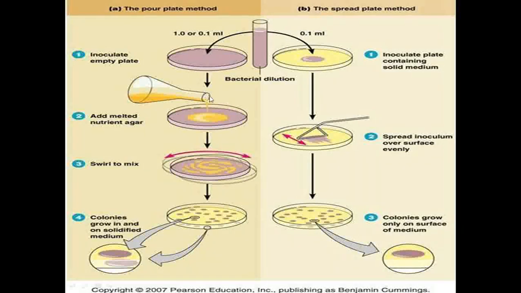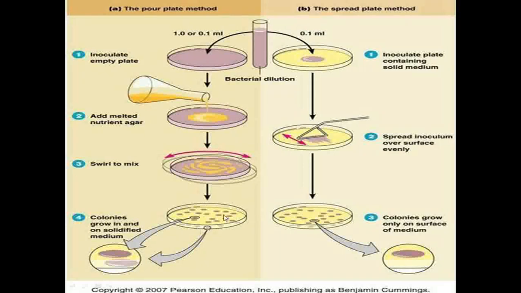Culture broth will be added directly into the melted medium and poured. Here spreading is done with the help of a rod. There, spreading is done by swirling to mix it. Here I'll be evenly spreading over the surface.